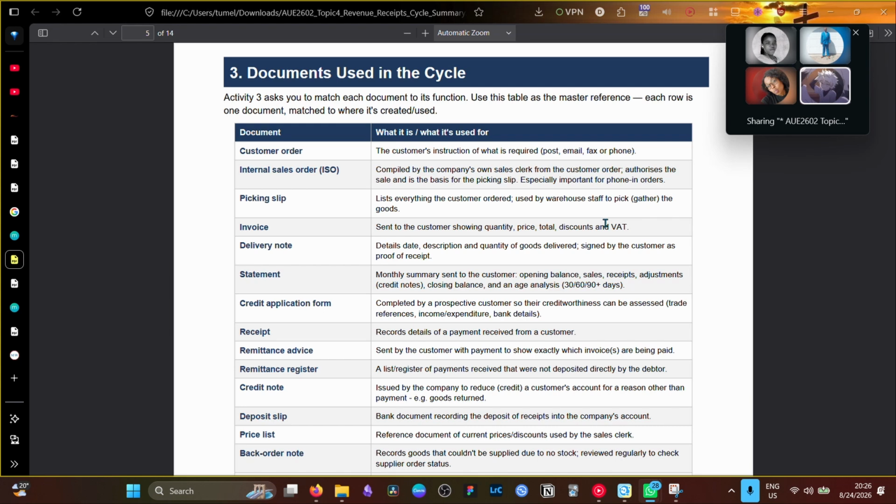Invoice. I'm also checking something here.